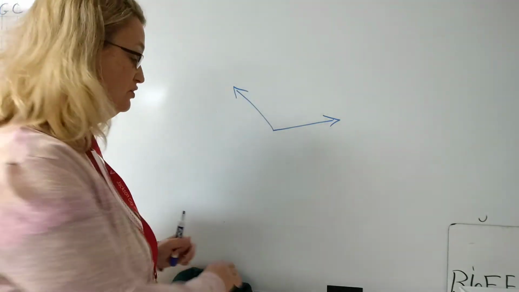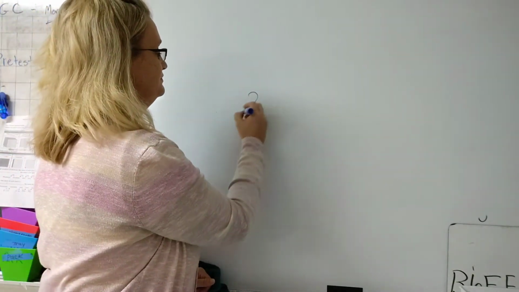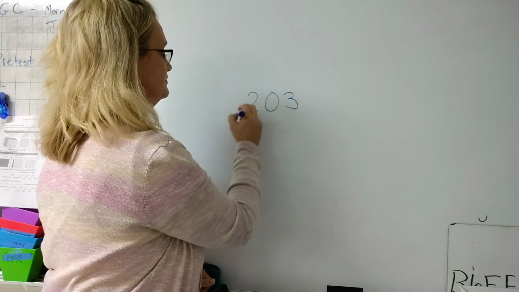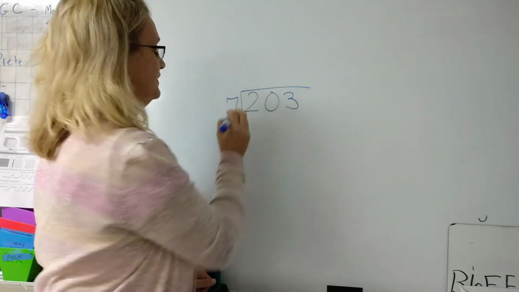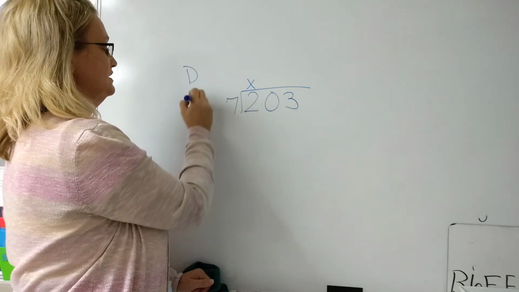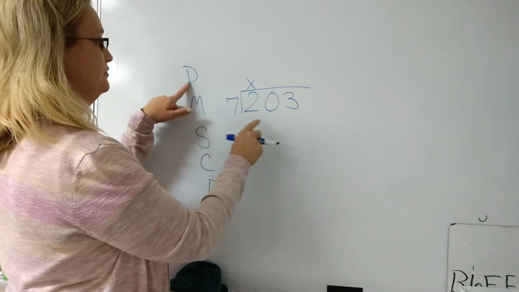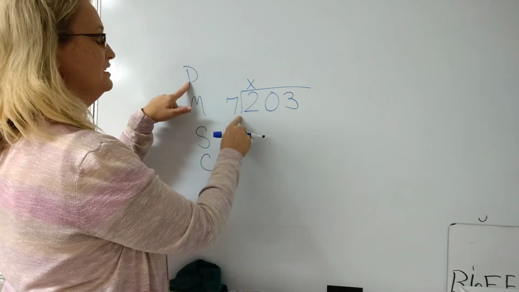Then we're going to take 203 and divide it by 7. Seven cannot go into 2. So we're going to divide 20 by 7.